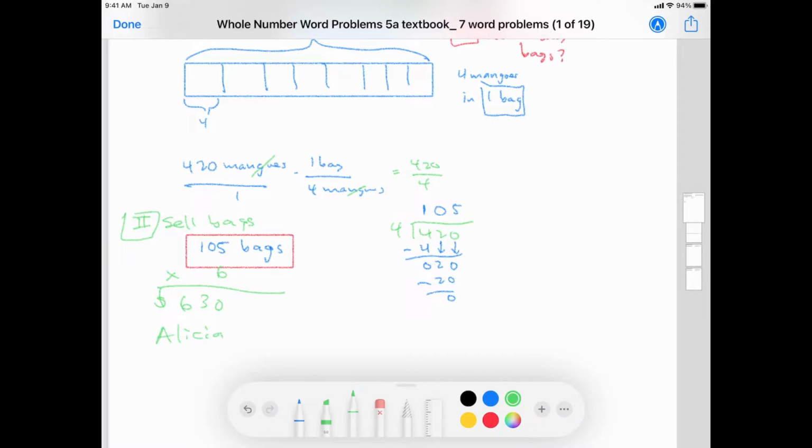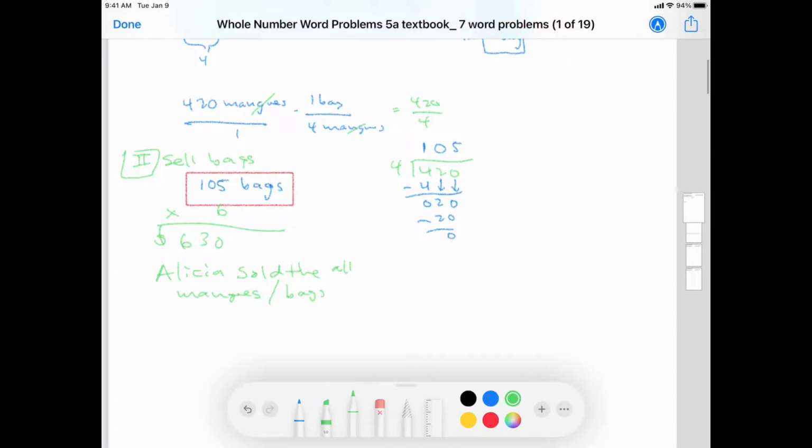Well, at least Alicia did. Alicia sold all the bags for $630. Let's put that in a box here to show that's my answer.